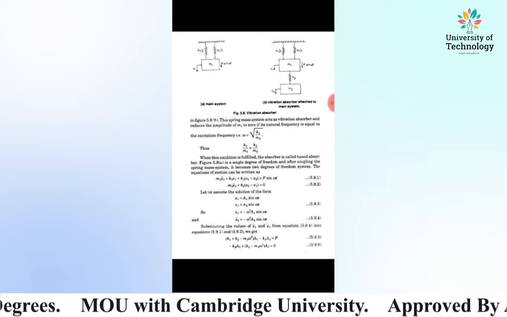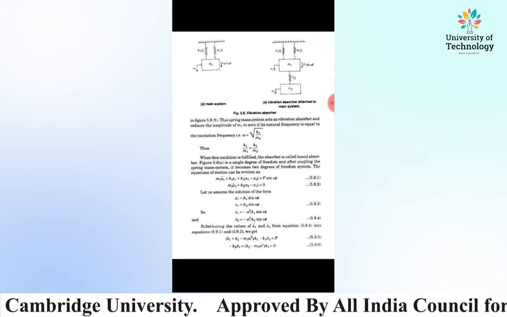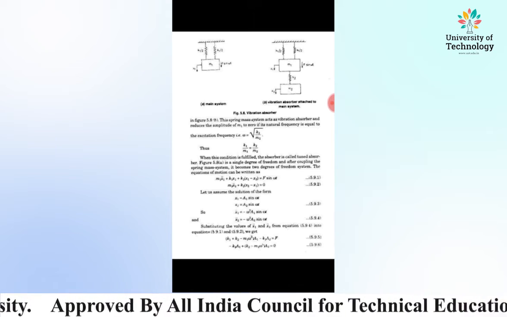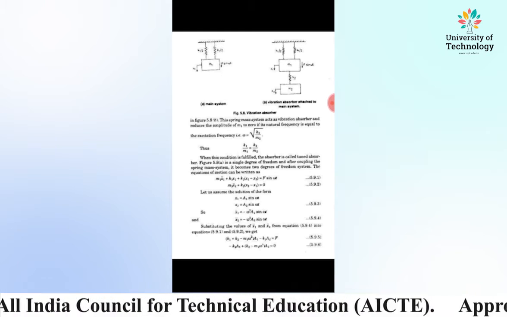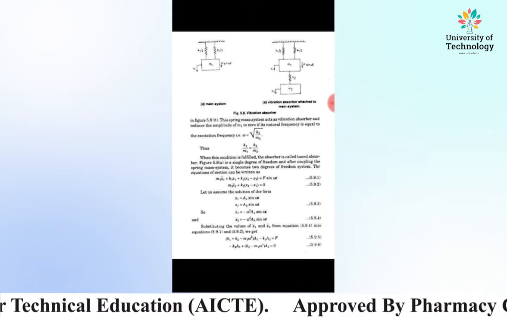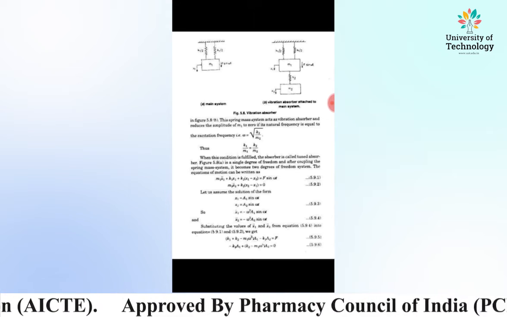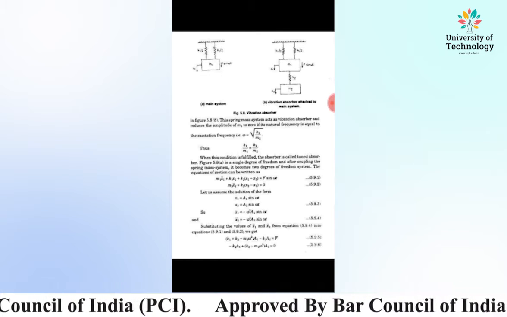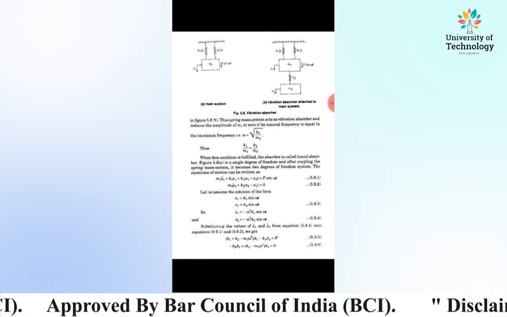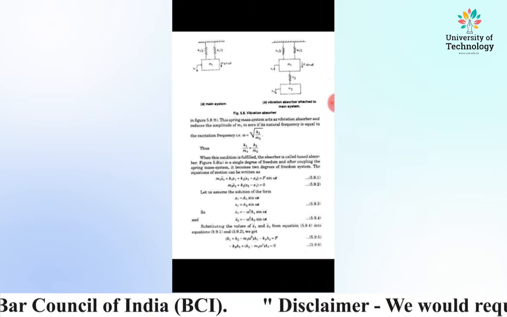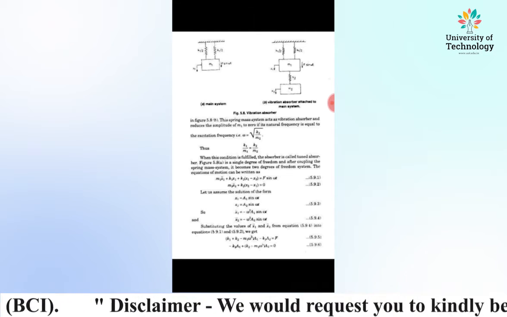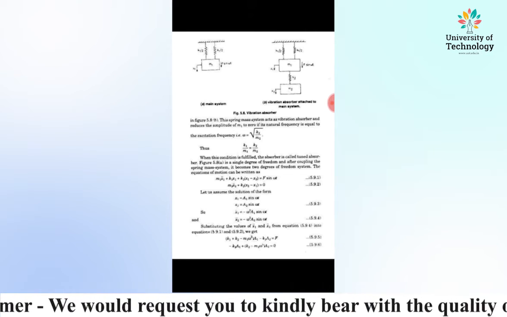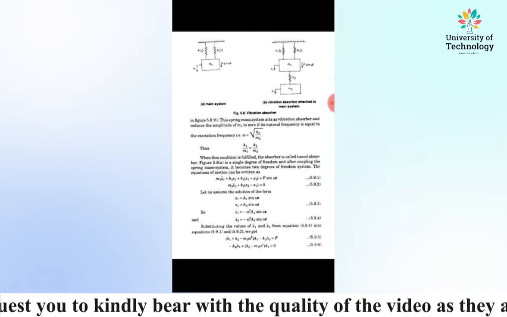If the displacement will be the same in the system, then k1 by m1 is equal to k2 by m2, and this is calculated by the equation explained earlier.